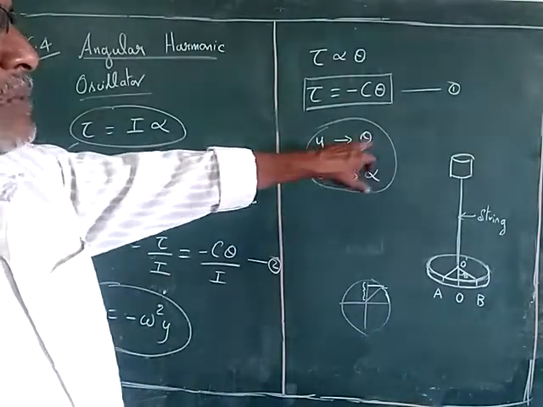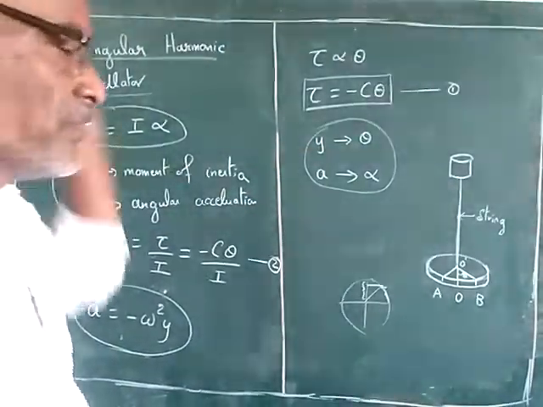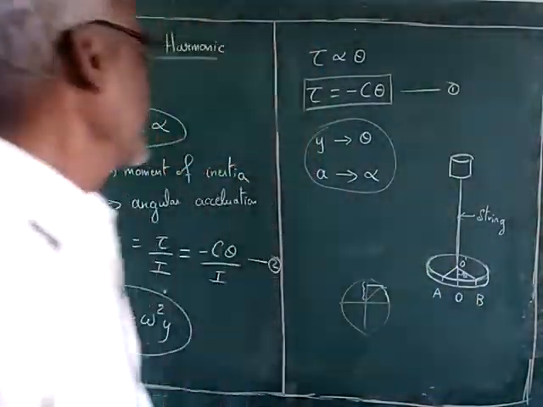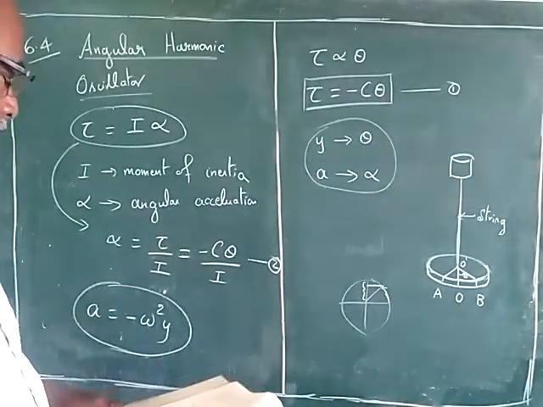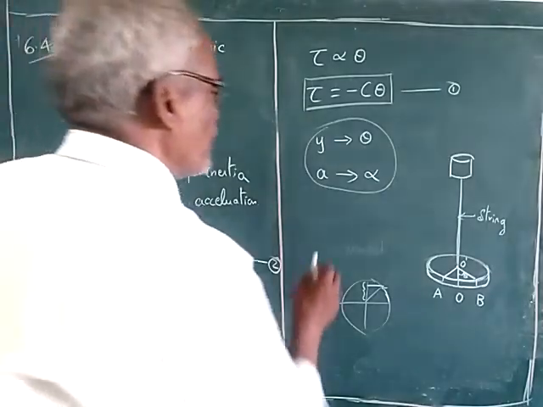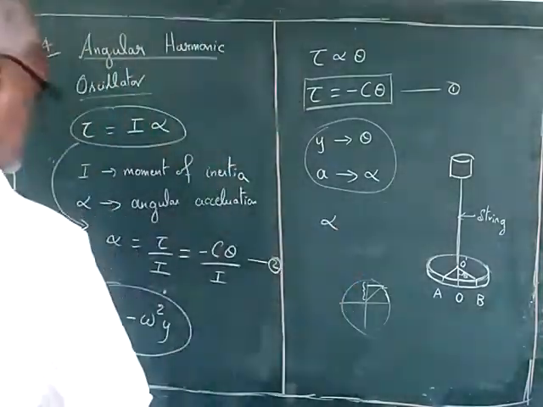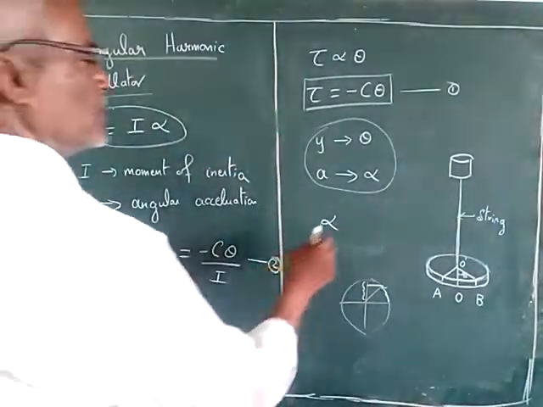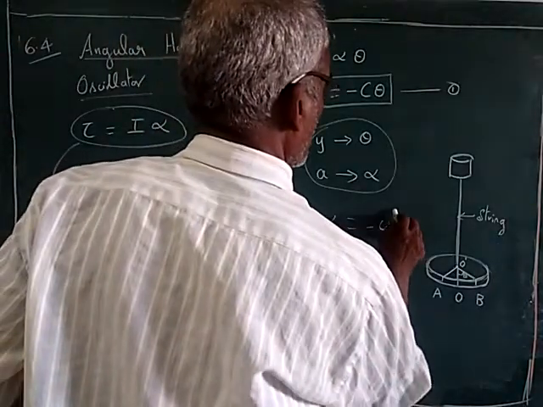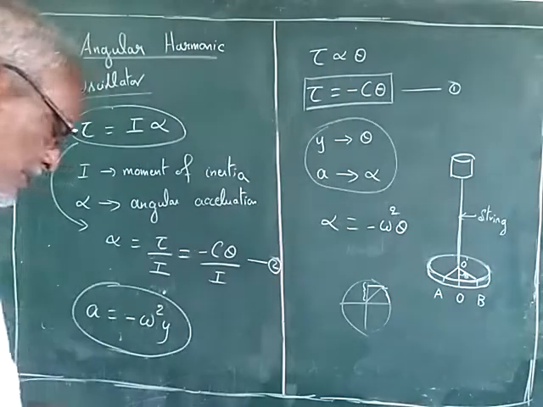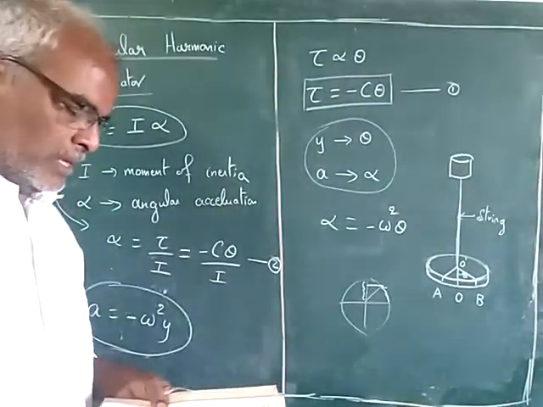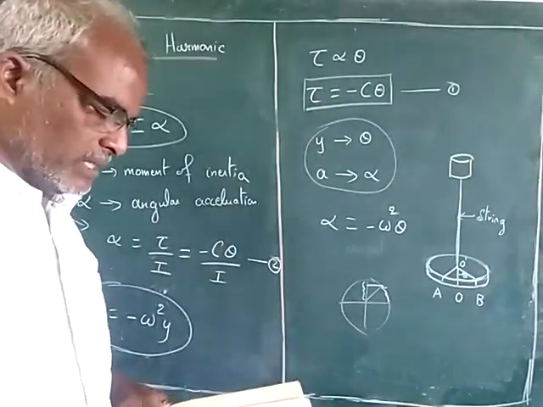Y is replaced by theta, and acceleration is replaced by angular acceleration. So therefore what we have is alpha, A is replaced by alpha, is equal to minus omega square, y is replaced by theta. That is alpha is equal to minus omega square theta.